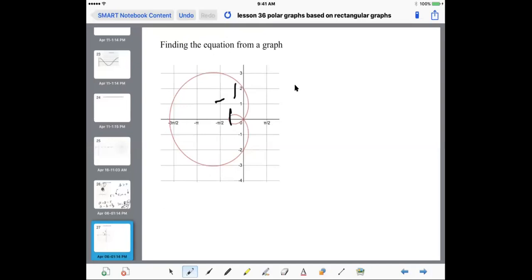This must be -6. Oh, more like -5. Okay, so type in what you think the equation is for this one.